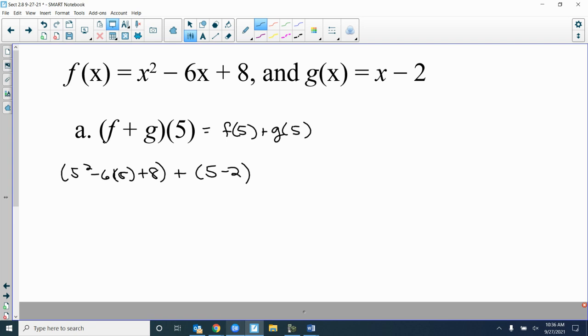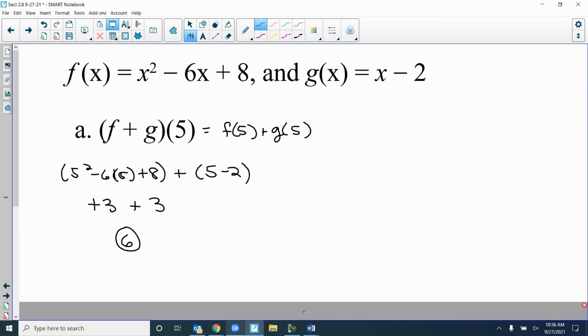I get 25 minus 30, that's negative 5, plus 8 is 3. Positive 3. 3 plus 3. All right, looks like I get 6. F of 5 plus g of 5 is 6.